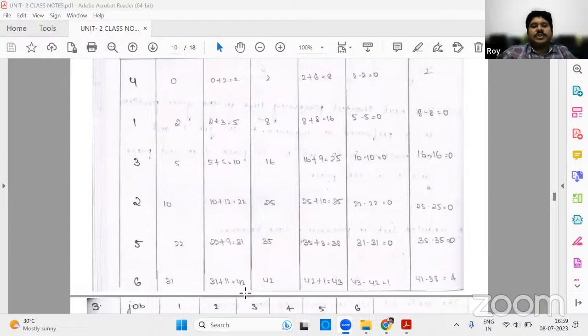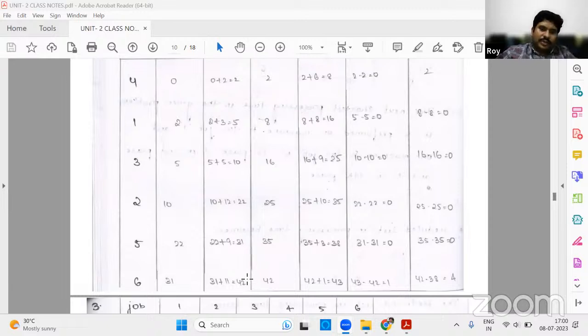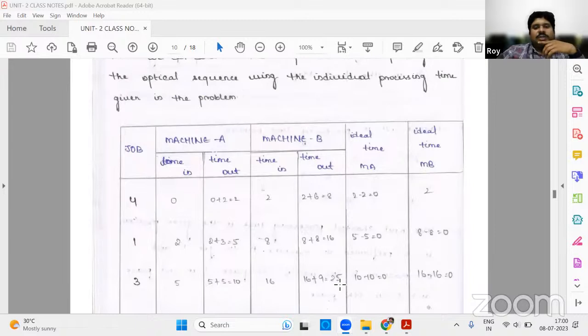That is why you need to take 42 here, not 38. Take the maximum of the out times of both these jobs. Wonderful. Very good. It should always be like this. If it is 38, I'm not taking 38 here, I'm taking 42. Once you add to this 42, it will come out. This is how it will go.